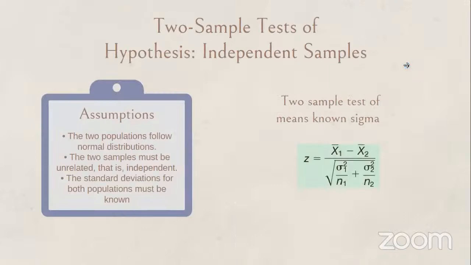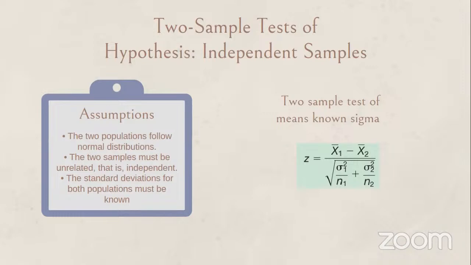Two sample tests of hypothesis, independent samples. The assumption is that the two populations follow a normal distribution, and the two samples must be unrelated, that is, independent. The standard deviation for both populations must be known.